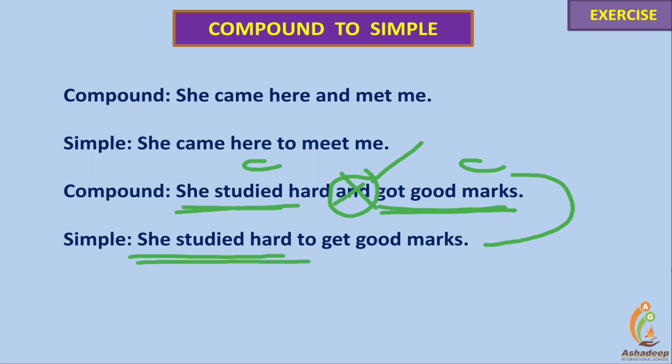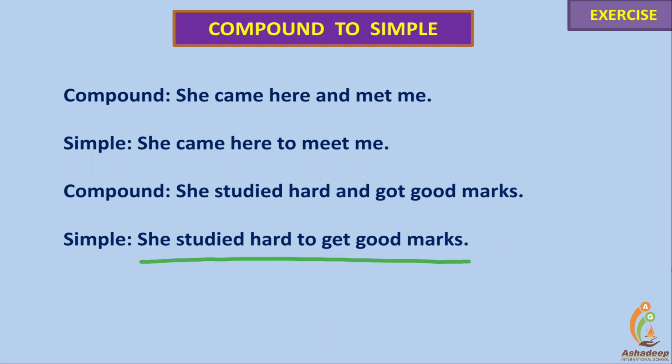She studied hard to get good marks. It's a phrase; the clause has been converted into a phrase. So the whole sentence has only a single subject and a single finite verb, and that's why it is called a simple one.